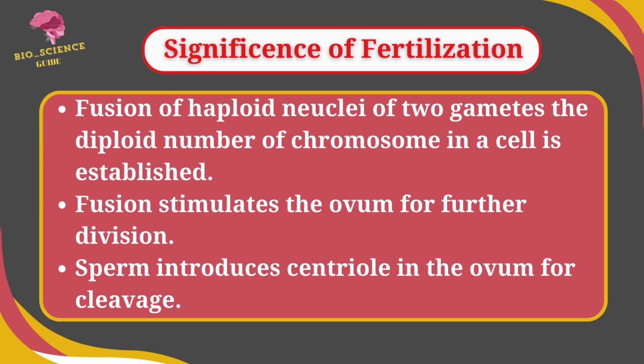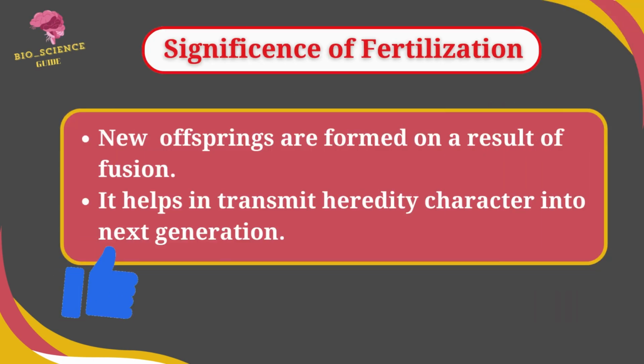The fusion stimulates the ovum for further division. The sperm introduces a centriole inside the ovum for cleavage. The formation of new offspring is a result of fertilization, and it helps in the transmission of hereditary characters into the next generation.